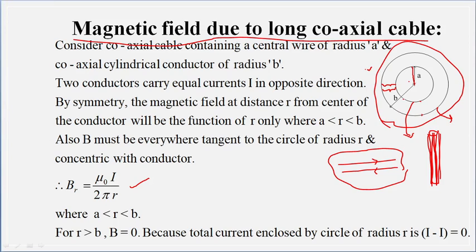So the current is entering the closed path and leaving it in the opposite direction, so I minus I equals 0. That's why the magnetic field is 0. That is the advantage of the coaxial cable: radiation loss is not there because magnetic field is 0.